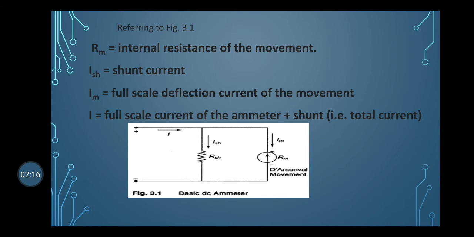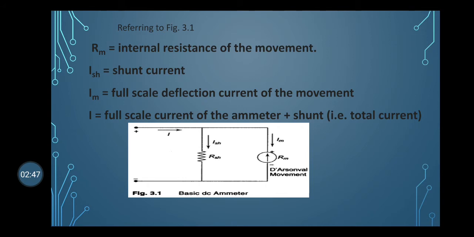Now, the schematic arrangement of connecting the shunt resistance is across the meter movement. The resistance of the meter movement is Rm, the internal resistance of the meter movement.